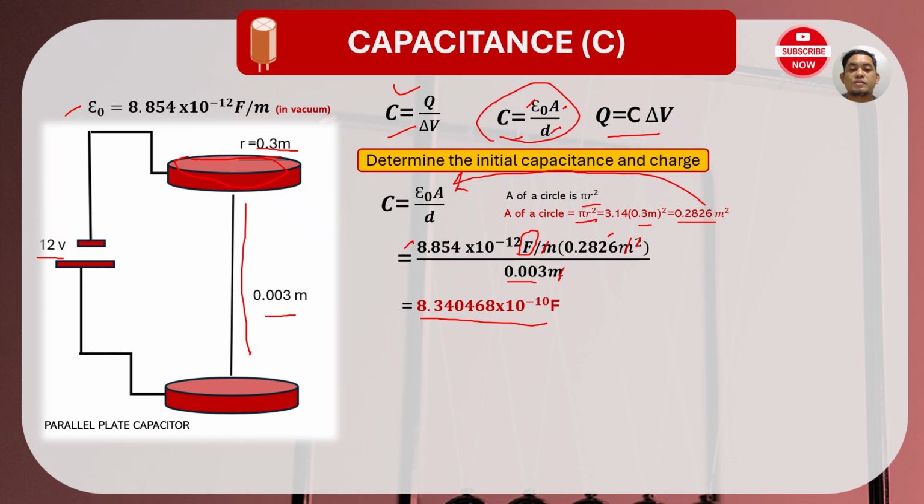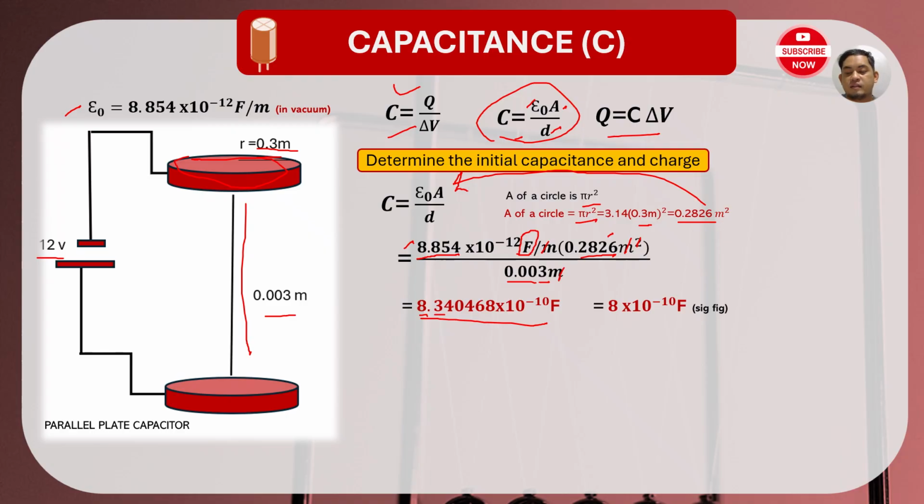So this, we have 1, 2, 3, 4 sig figs. In this case, we also have 4 sig figs, and this one we only have 1 sig fig. The least limiting factor is 1, so we have to polish our answer with 1 sig fig. So we can have 8 since we cannot round it off.